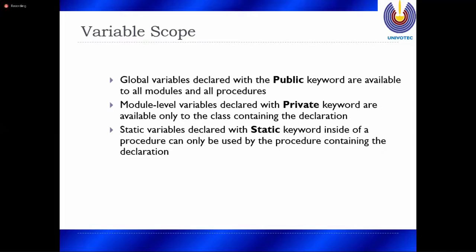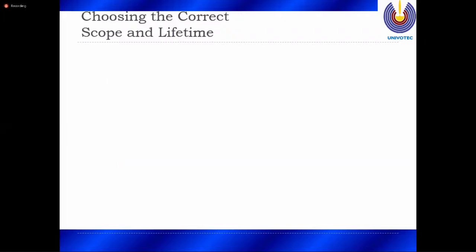The static keyword applies to a variable only within the particular method or procedure. Okay, that's why we call this the scope of the variable. Variable scope. The value persists from one procedure call to the next.